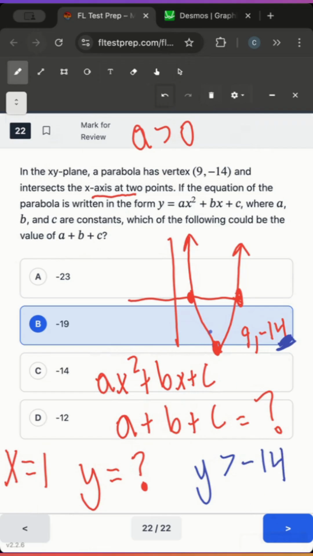That's all I need to know, because it's going to show up on this line here. It's got to be greater than the vertex. And so A is telling me my y value would be -23, and that's less than -14. -19 is less than -14. It can't be -14, so it has to be D, the only number greater than -14.